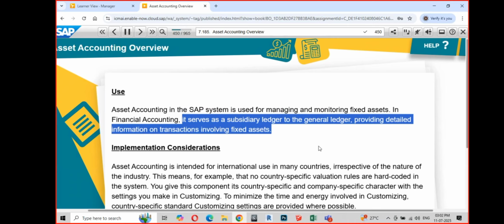And since we are not meeting tomorrow and the day after, probably it may not be advisable for me to start asset accounting because there are lots and lots of new terminologies from your normal accounting language. All right. So slide number is 450. Okay, I'll just keep quiet for 2 to 3 minutes.